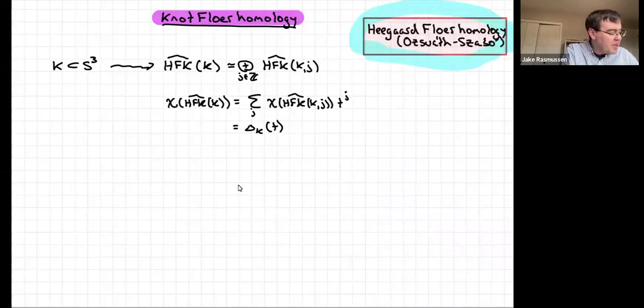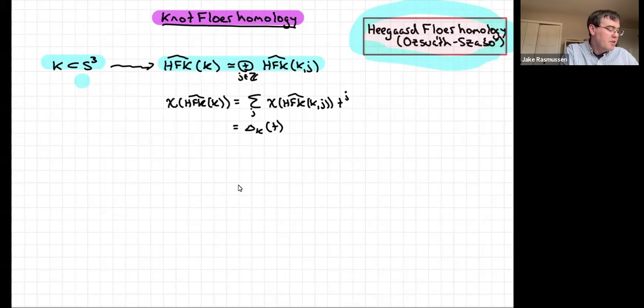To consider a simple case, if I have a knot K in S3, its knot Floer homology in the simplest formulation is just a bunch of bigraded groups. Here I'll grade them by J, which is the Alexander grading, corresponding to the powers of T in the Alexander polynomial. And what's the precise relation?